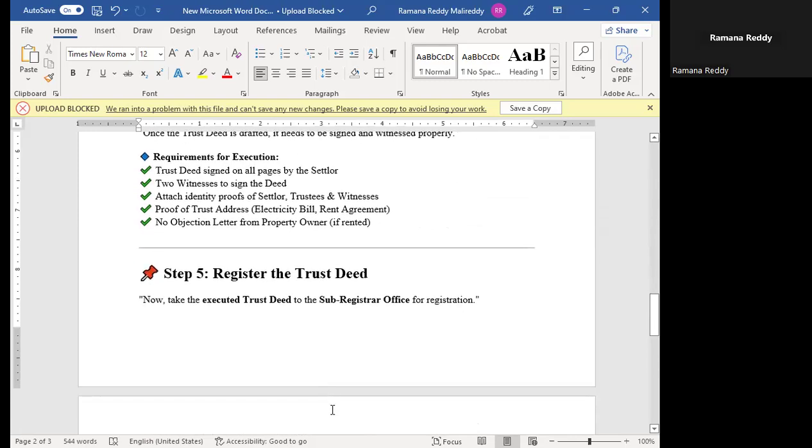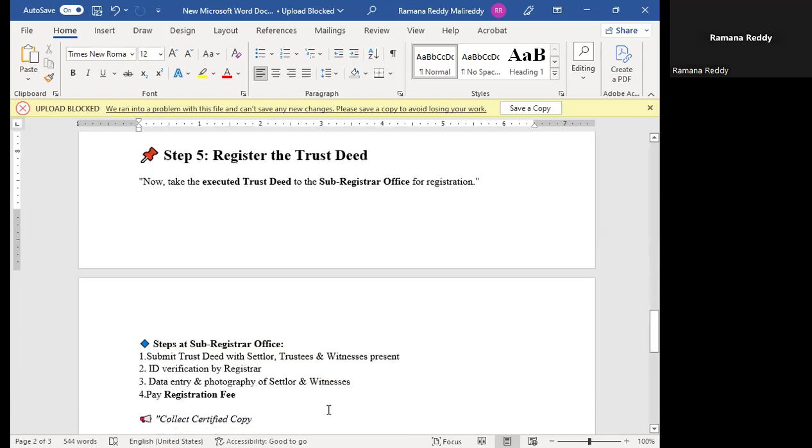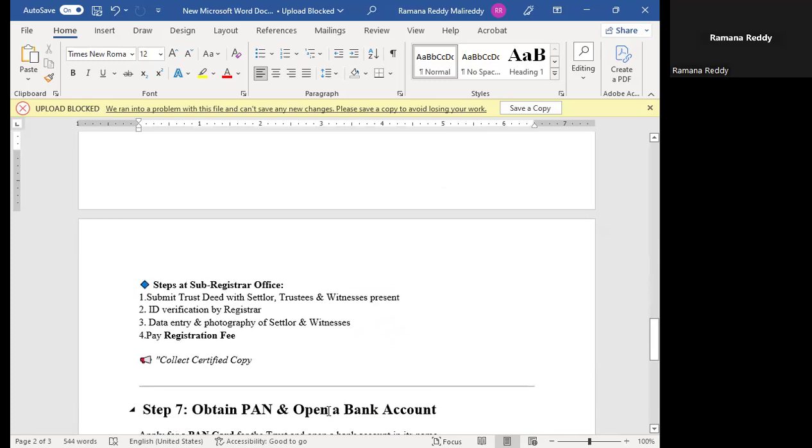Step 5, register trust deed. Now take the executed trust deed to the sub-registrar office for registration. Submit the trust deed along with the settlor, trustees and witnesses present.